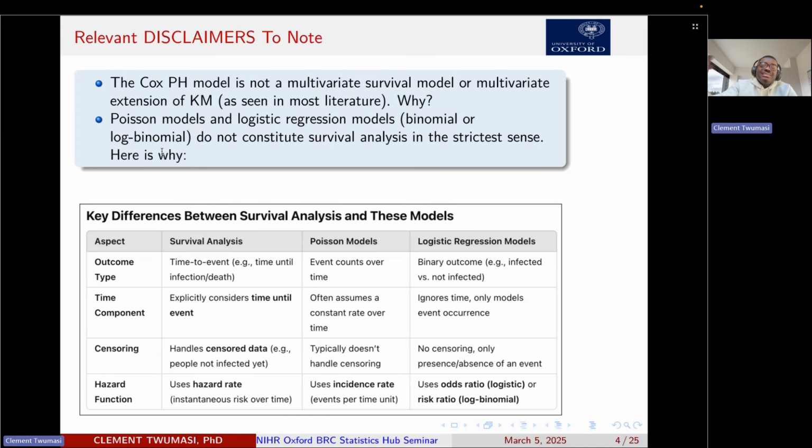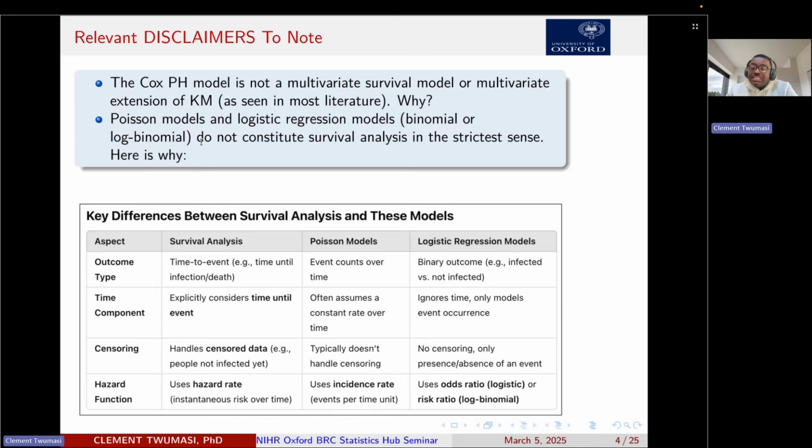If you are modeling, let's say, incidence of an infection, where the data are count data, the number of individuals infected over a period of time, and you make use of the Poisson class of models, or you are modeling infection status or mortality status using binomial logistic regression to estimate odds ratios, or log binomial regression to estimate risk ratios, or Poisson models to estimate incident rate ratios, doing these does not constitute a survival analysis.